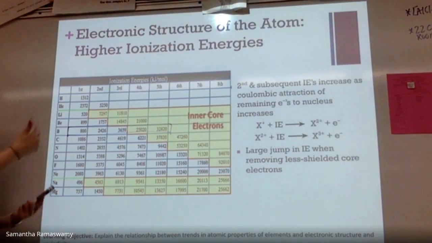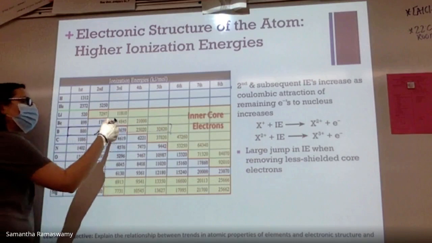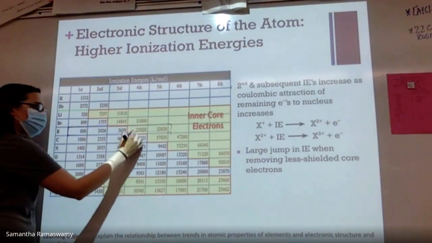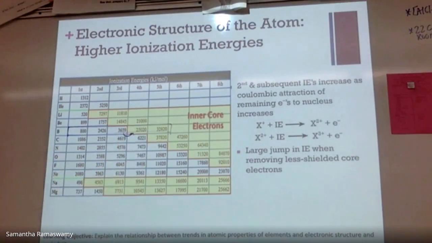Look for the jump. Look for the largest jump because that tells you how many valence electrons there are. The biggest jump here is between the 3rd and the 4th electron. It's over 20,000 kilojoules, which means it's relatively easy to take away the first 3 electrons.